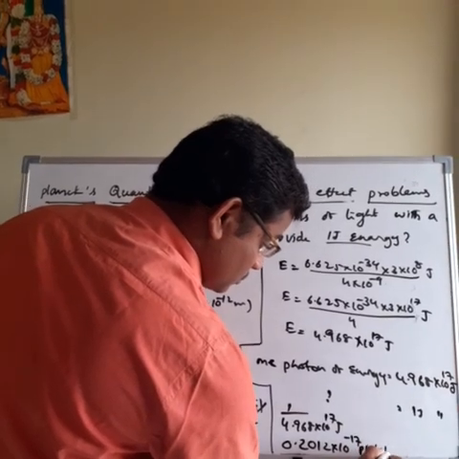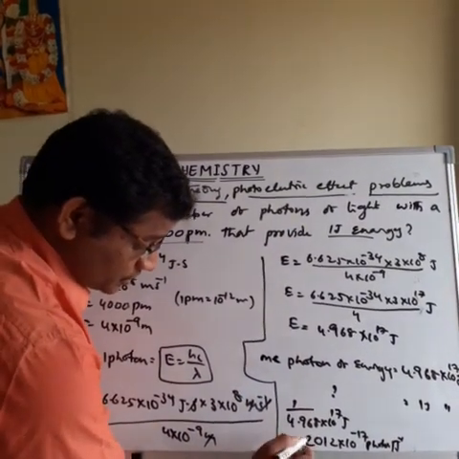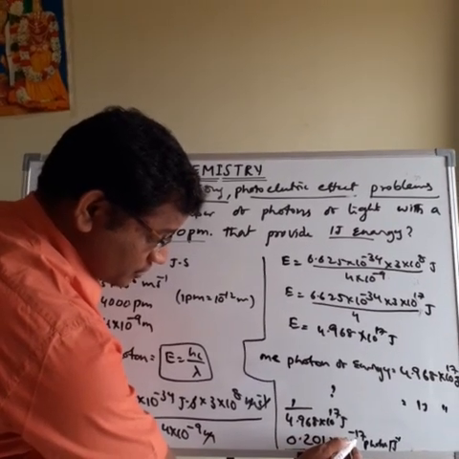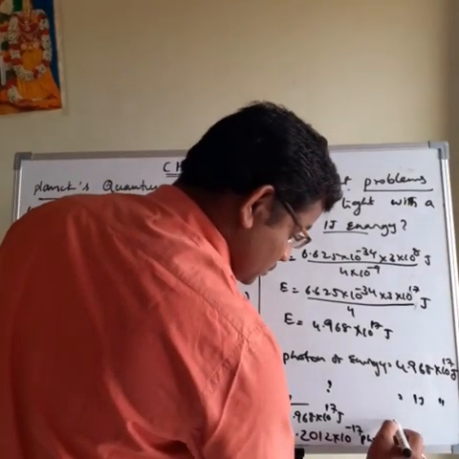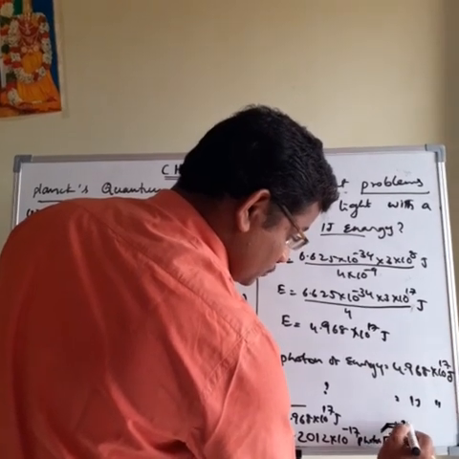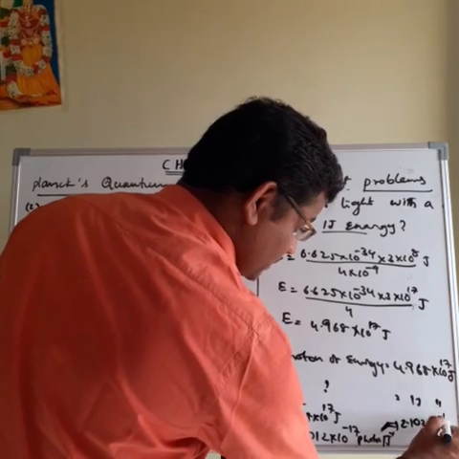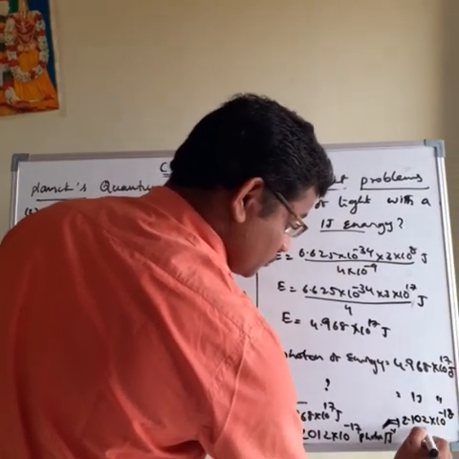Change the point here by 1 digit, 2.012, and the power becomes minus 18. Then its total value becomes 2.012 into 10 power minus 18 photons per joule.